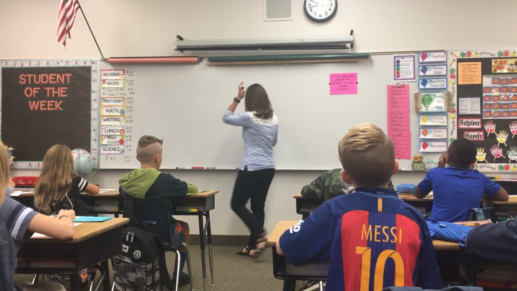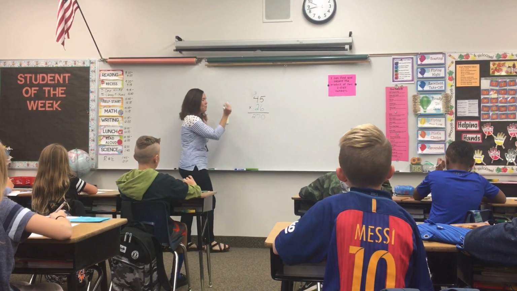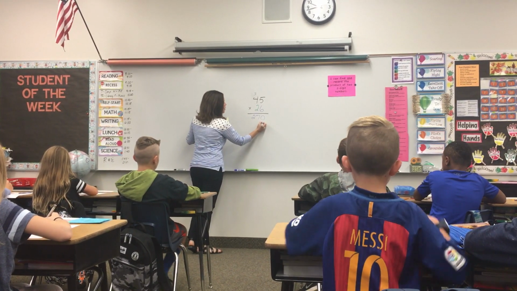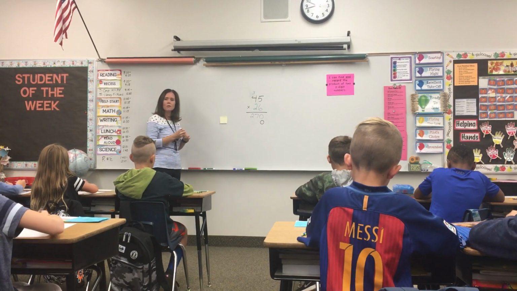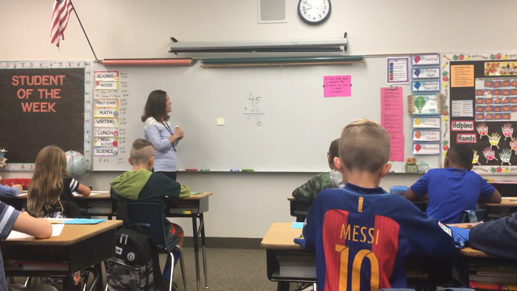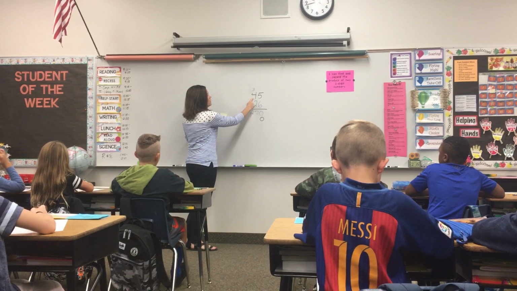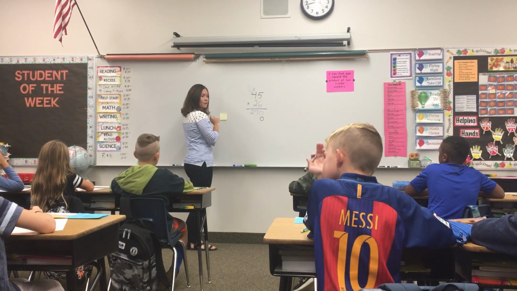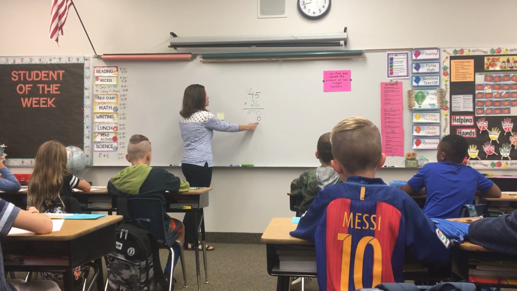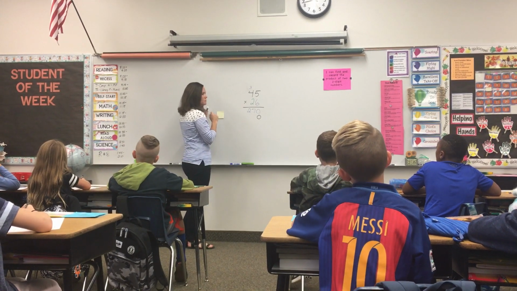So we're going to put a 0 here with Black Death. The reason we put a 0 there is we're really doing 45 times 20, so we want to make sure we have that placeholder.